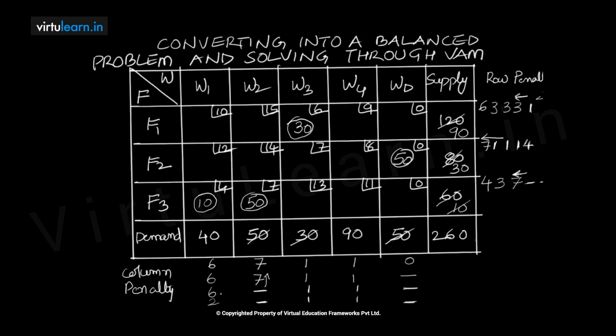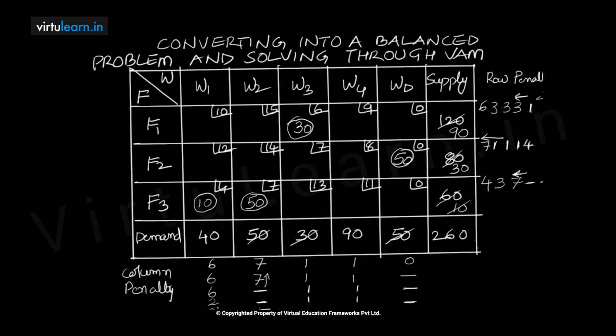Then here we'll see 2, and it is not applicable. Here also this is not applicable because this is satisfied. Here only 8 and 9. That means 1. This is also not applicable.